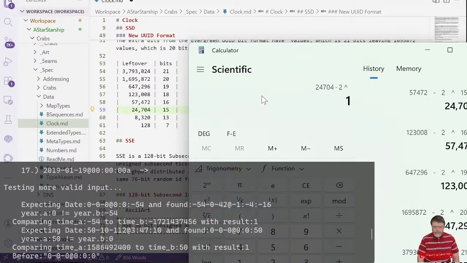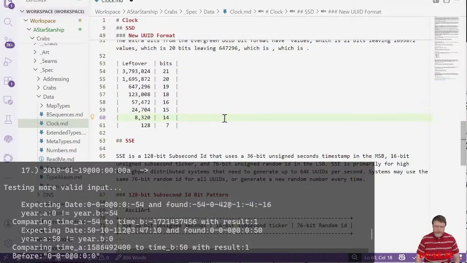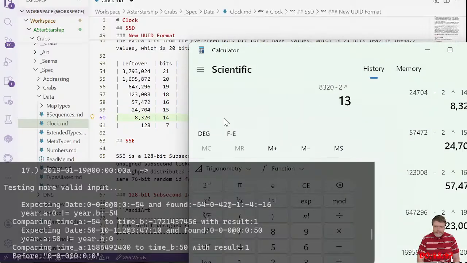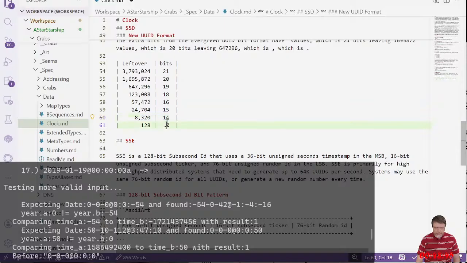Minus 2 to the 14th? Yeah, we got a 14, minus 2 to the 13th, and then it goes down to the A. What? I'm off by 1. Son of a bee.